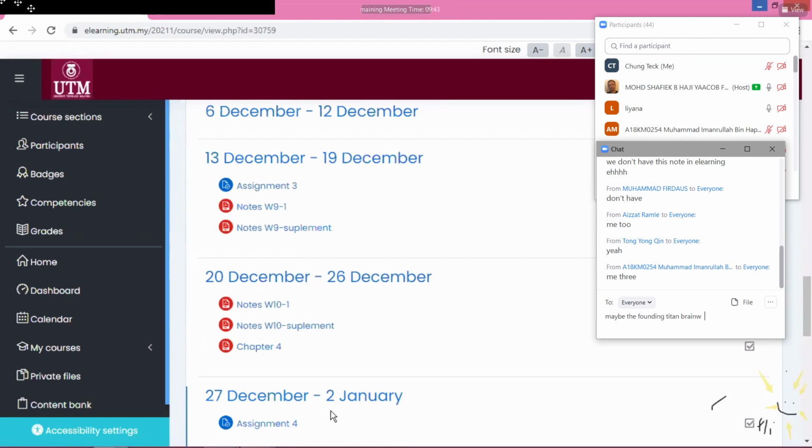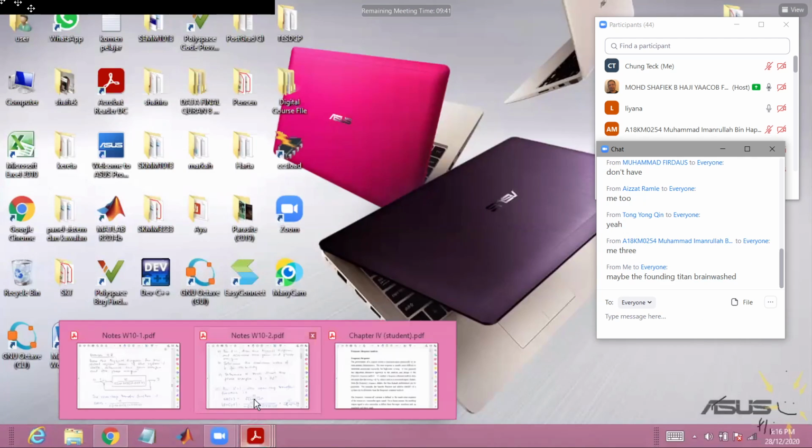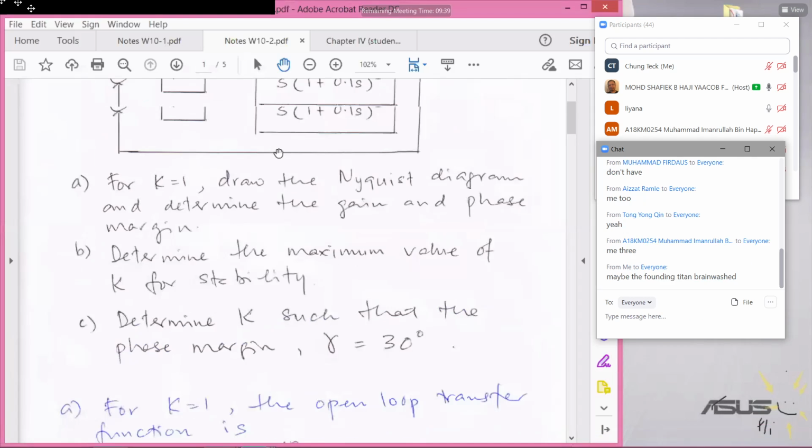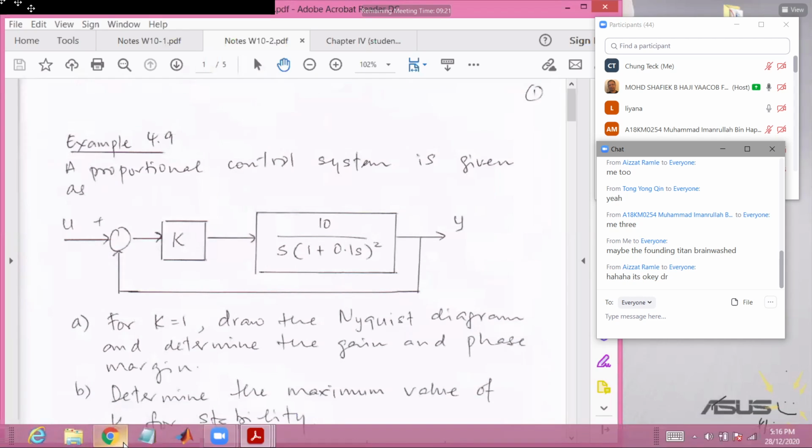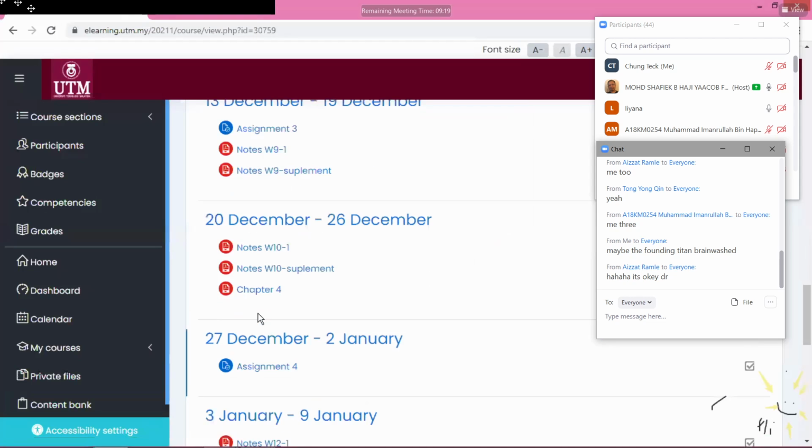Okay, never mind. So I will upload this note, example 4.9. It must be my age catching up with me. Sorry about that. Okay. So I have also uploaded your assignment as well.